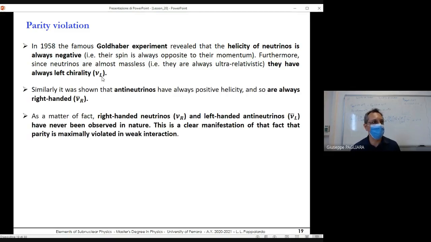And then it was also shown similarly that the antineutrinos are always right-handed. Now, in fact, right-handed neutrinos or left-handed antineutrinos have never been observed in nature. And this is indeed a clear manifestation that parity is maximally violated in weak interactions.